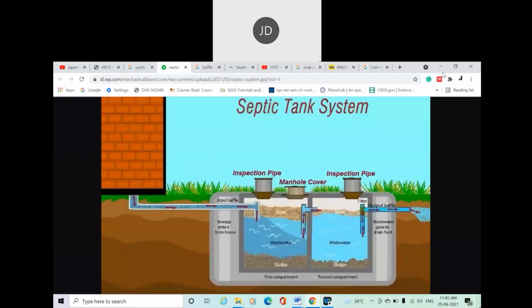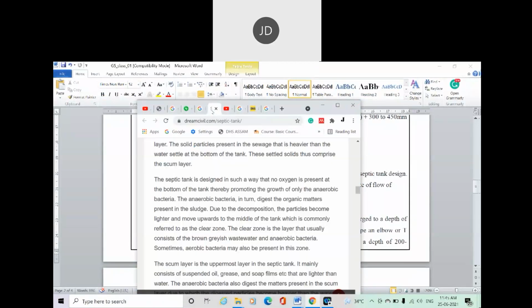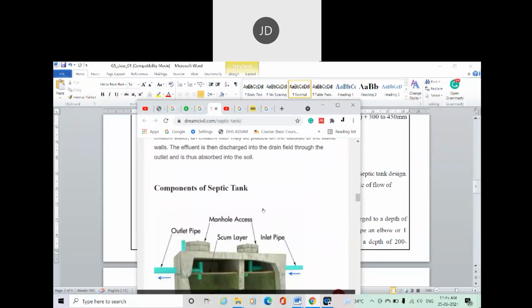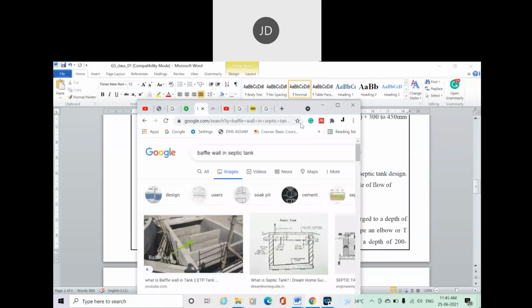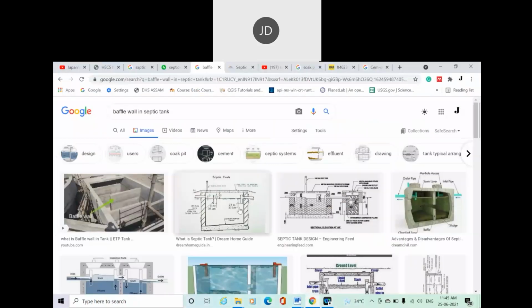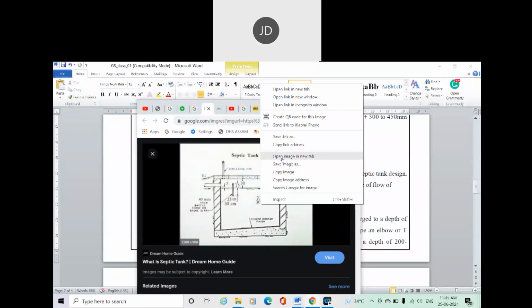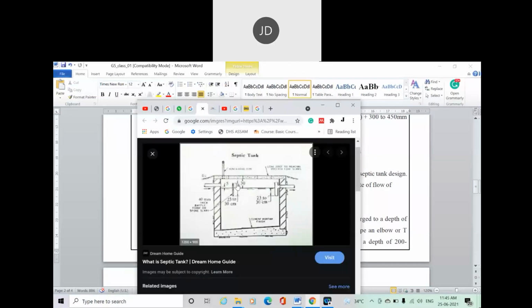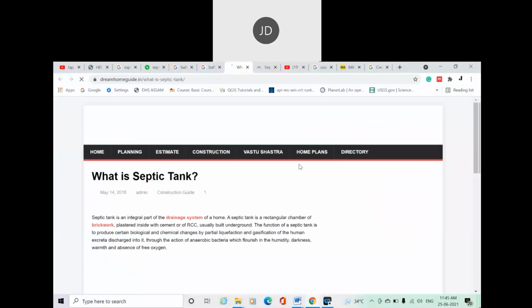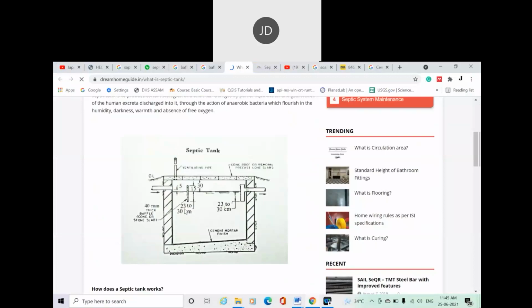Yeah, even here you can see this is your T-shaped pipe which is penetrated into the water up to suppose 23 to 30 centimeter, and above, suppose here, 15 centimeter nearby the inlet pipe.